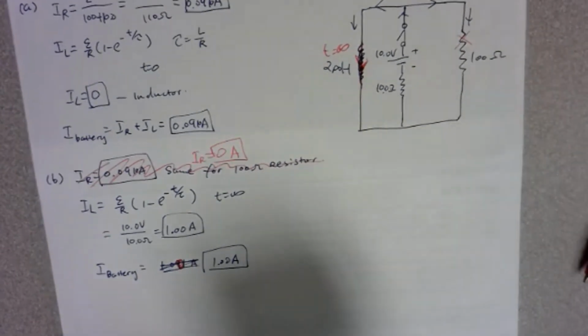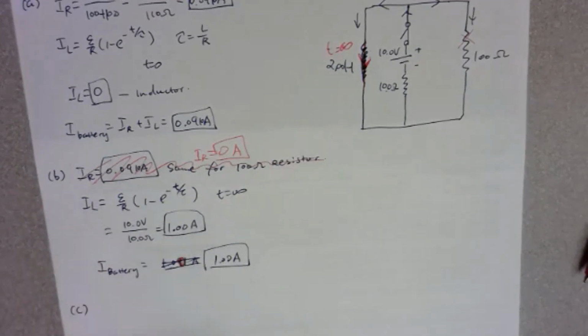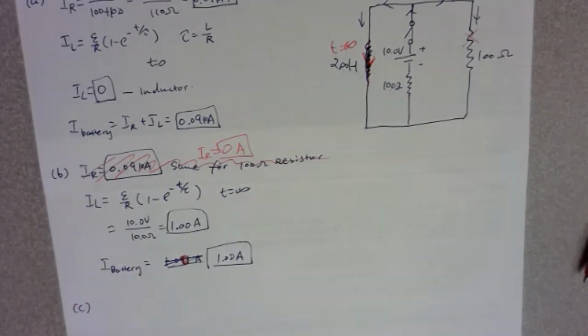All right. Now going down to part C, find again the current through the battery, the 100 ohm resistor, and the inductor when this switch is now open again.